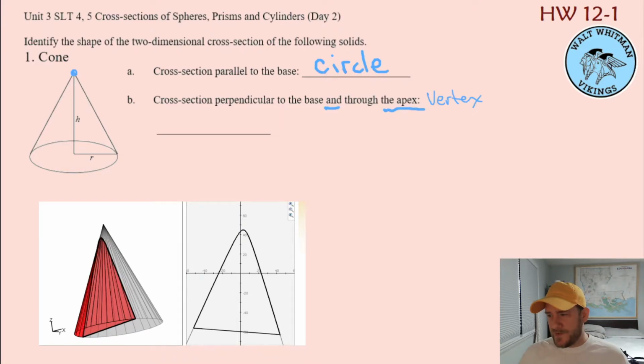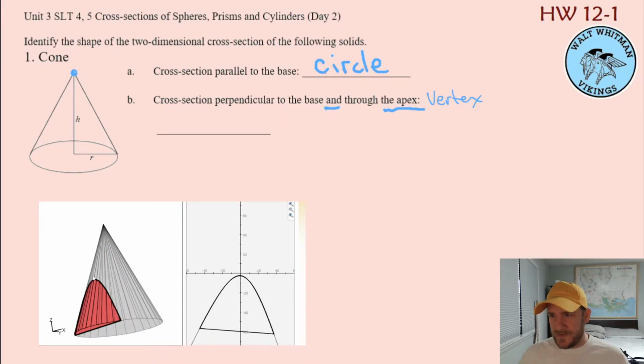But again, if I move that slice closer to the edge, then suddenly as I pass through the rounded side of the cone, we get a rounded cross section, and suddenly we're getting a parabola instead of a triangle. So hopefully that helps you understand that question. So again, our answer here is, it's just a triangle.